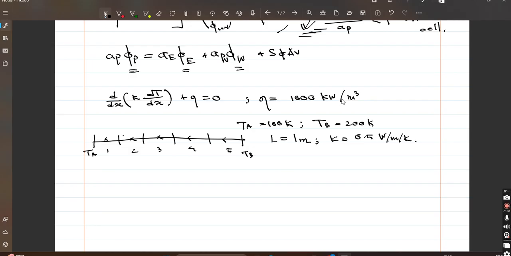Okay. Now for the interior points, for these points, it's very simple. So let's derive it.